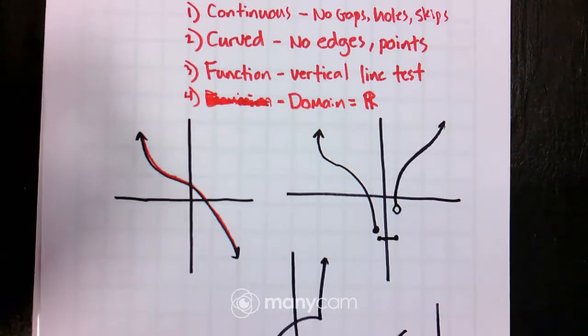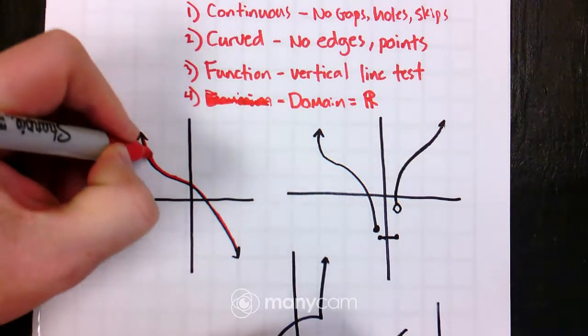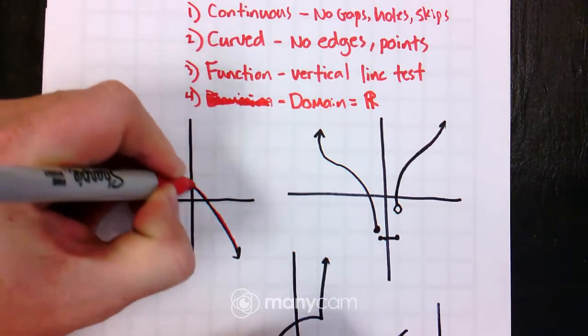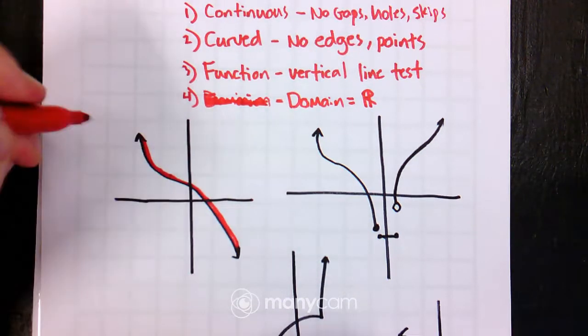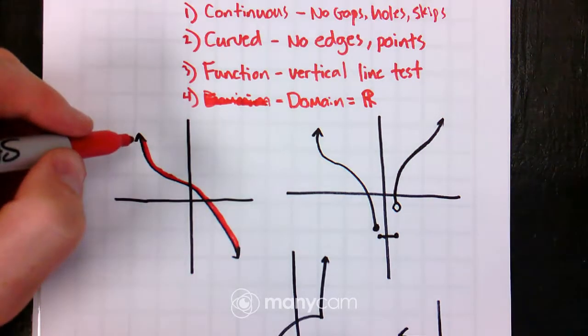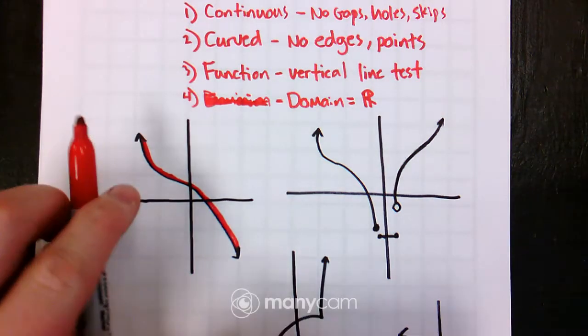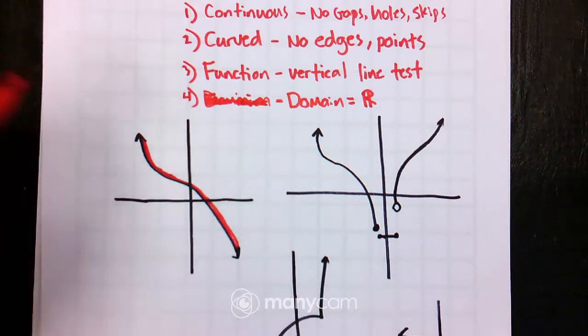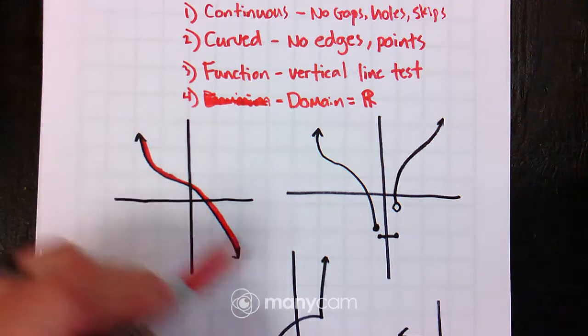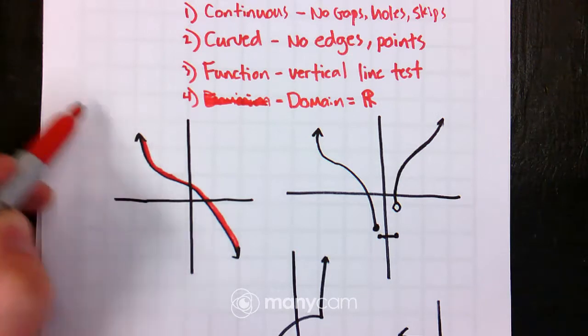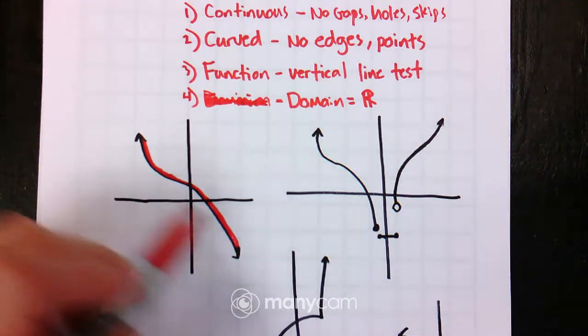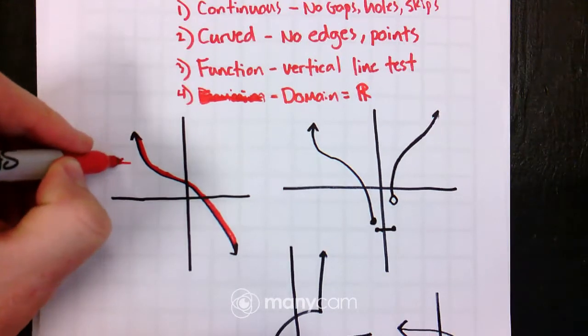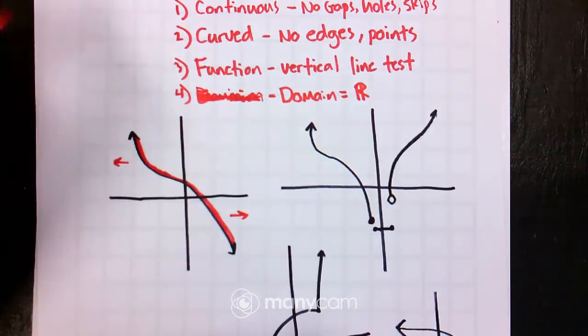So this right here is a good example. It's continuous, doesn't have any gaps. It's curved, no sharp points. It's a function because it can pass the vertical line test. And its domain is negative infinity to positive infinity. These arrows point at an angle, so they go forever this way and forever this way.